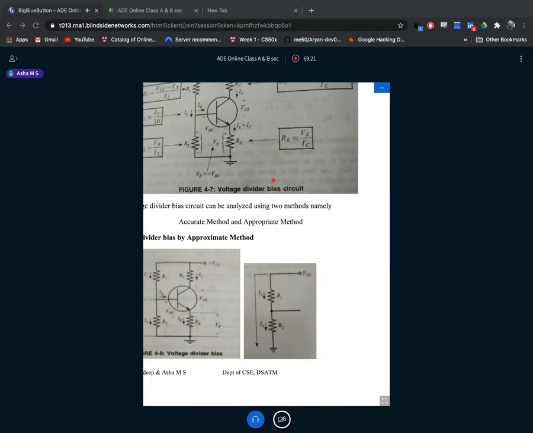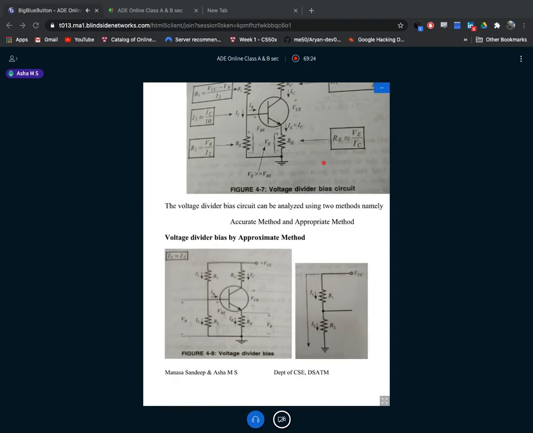Next, this voltage divider bias is analyzed using two methods. Here we are deriving the values of IC and VCE using two methods: the approximate method and the accurate method.